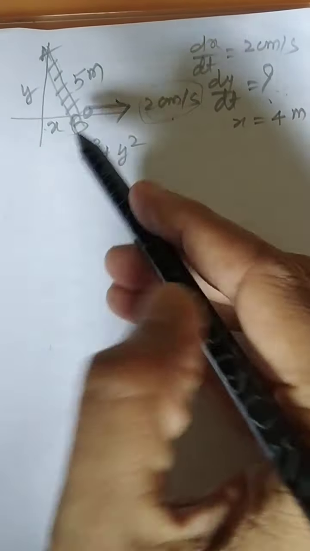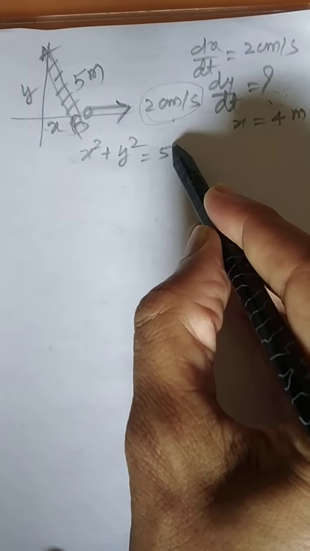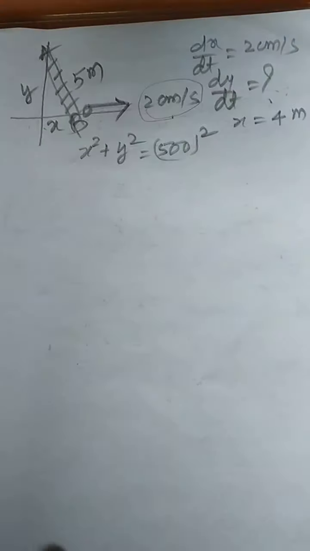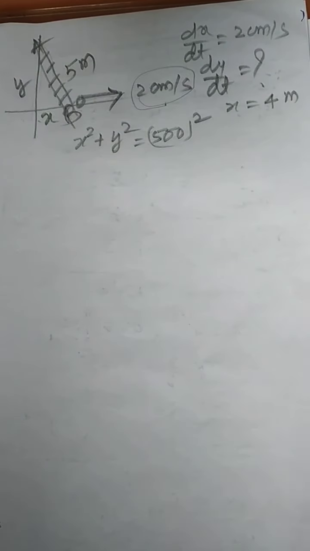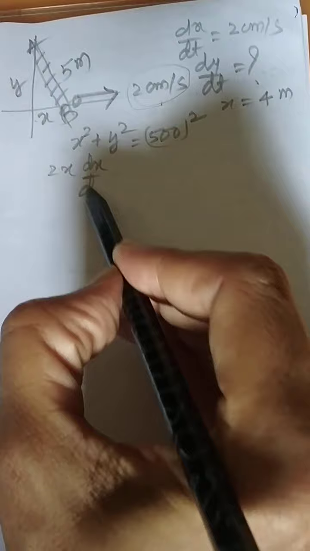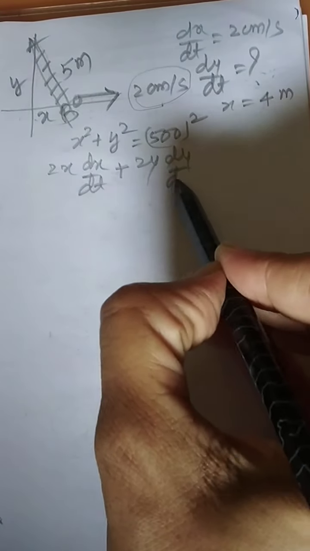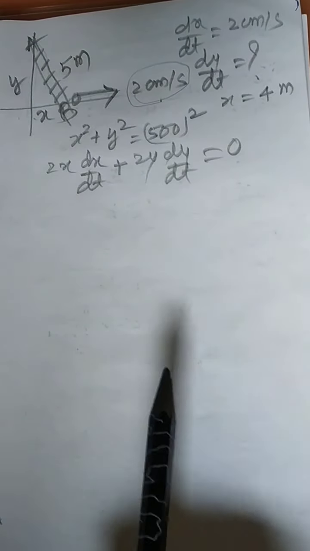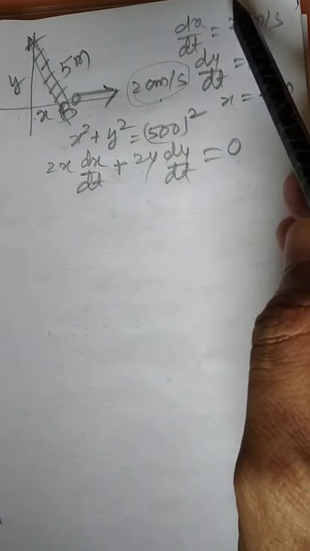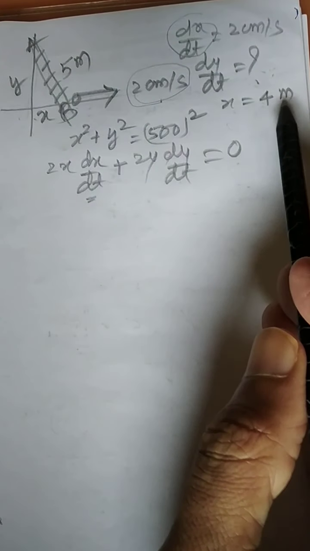You can apply the Pythagoras relation, x square plus y square is equal to 500 the whole square. That is the first step. Now differentiating with respect to t, 2x dx by dt plus 2y dy by dt will be equal to 0. Now you know the values. dx by dt is given as 2, x is given as 4, shall we replace 4?